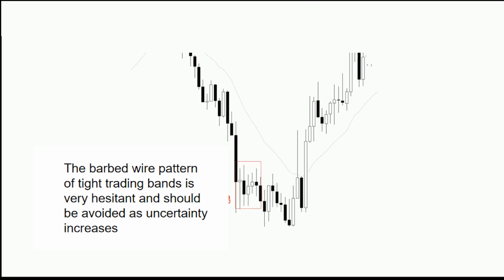The barbed wire pattern refers to 3 or more mostly overlapping K lines, represented as such in the diagram, where at least one of the K lines is a doji K line. This K line combination represents that the market is now in a narrow trading range. It indicates that the market is very hesitant at this time, and uncertainty is increasing. As a novice trader, you should avoid this type of trading altogether.